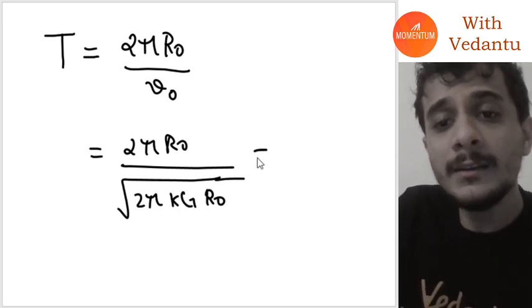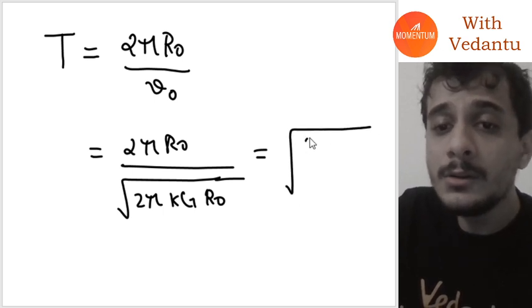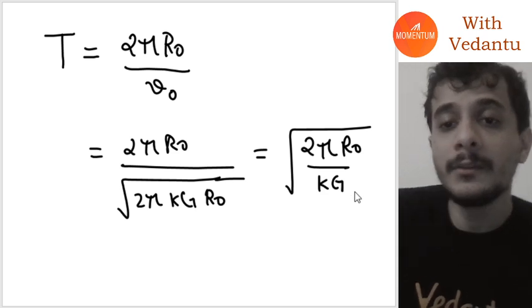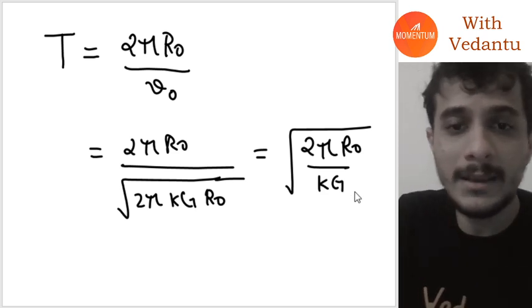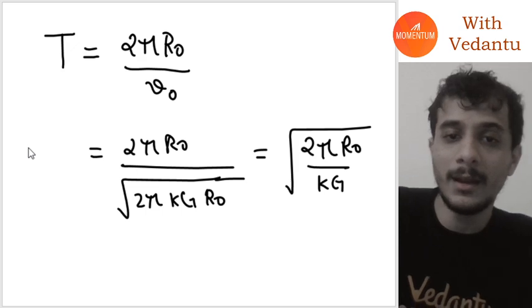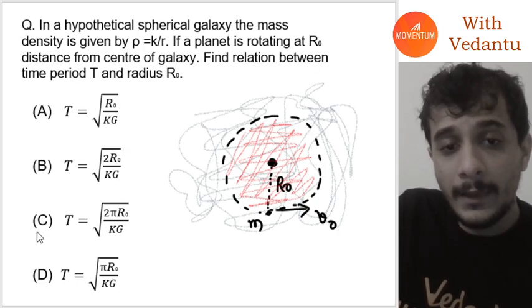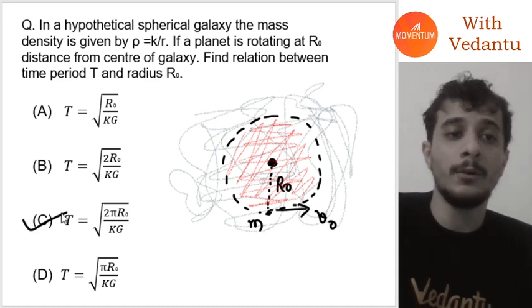This will just become under root of 2 pi r naught by kG. Do you see how that happened? Yes, I think you guys can see that. So from that I will get the answer as option C.